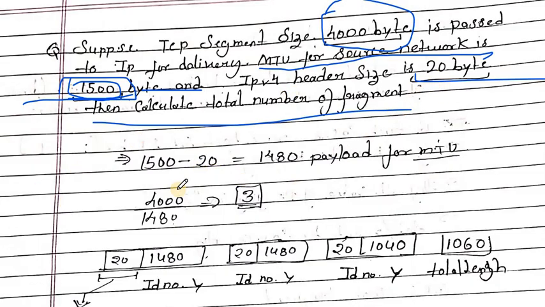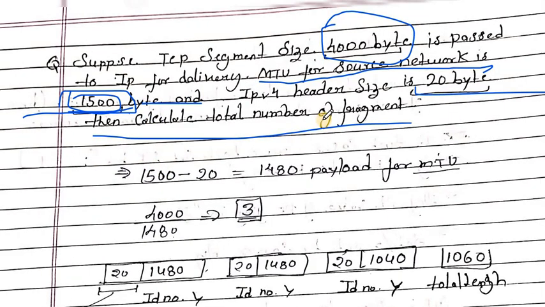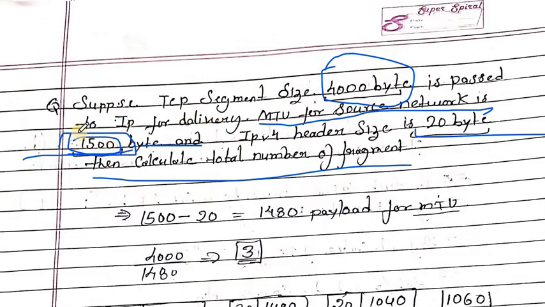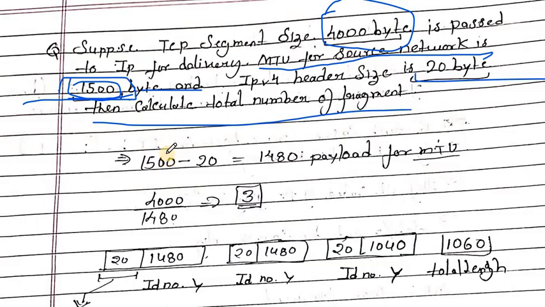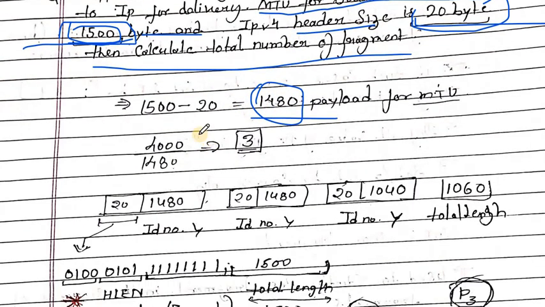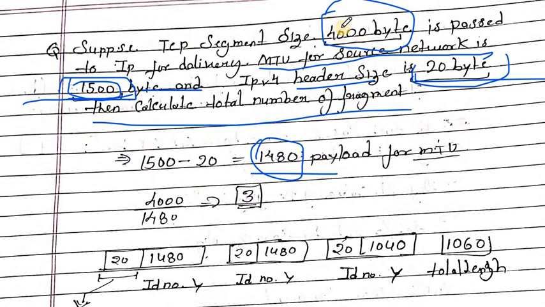So if we calculate the payload of the intermediate network packet, the maximum packet size for intermediate routers is 1500, out of which 20 bytes is the header size, so the payload size is 1480.